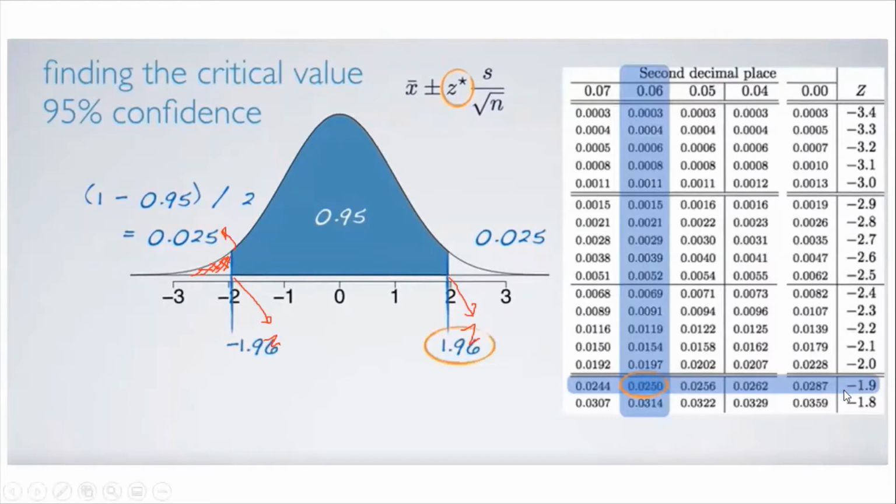Look at here, minus 1.9, and then the decimal point, so minus 1.96. It is the same mark on either side of the mean, so you just give minus and plus. Our critical value is minus 1.96.